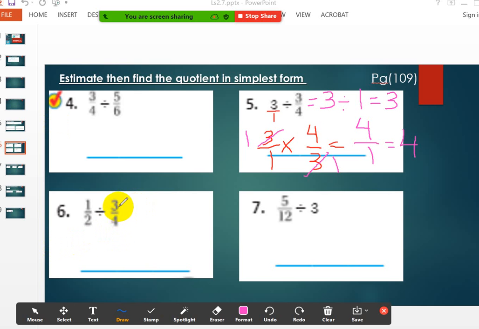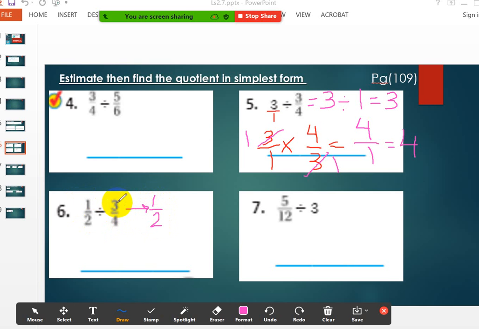So first thing, if you want to round the numbers here, 1 over 2, if you round the numbers according to the compatible numbers, will be the same, 1 over 2. And 3 over 4 is close to 1.